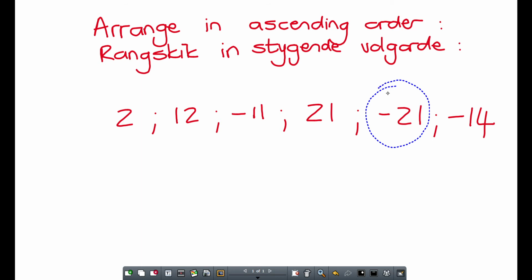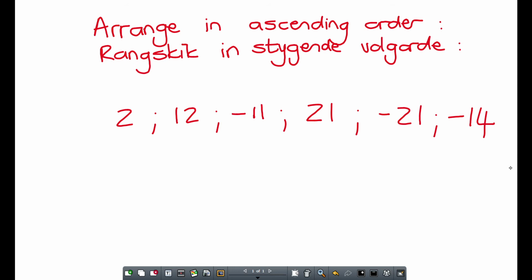Onthou, hoe verder dit wegbeweeg van die nul af, I am now only speaking about negative numbers, né? Negatiewe getalle, hoe verder ek wegbeweeg van nul af, hoe kleiner raak daai getalletjie, né? The further I move away from 0 when it's negative numbers, it becomes smaller and smaller.